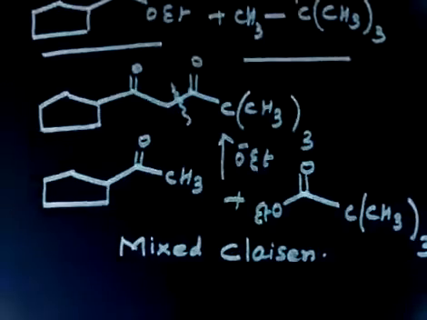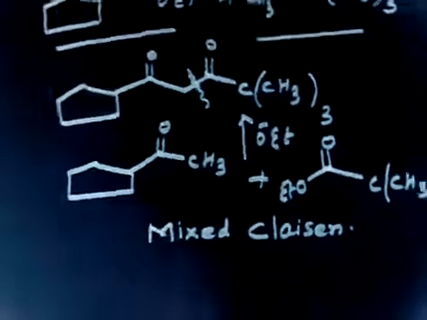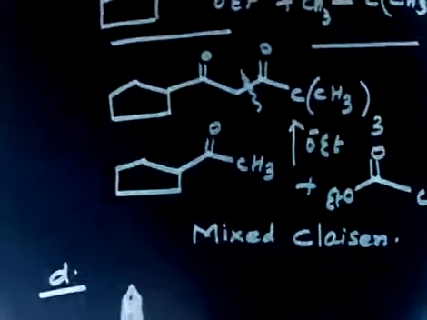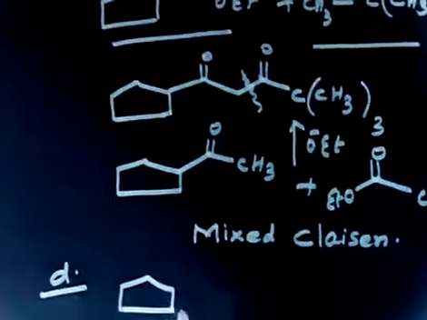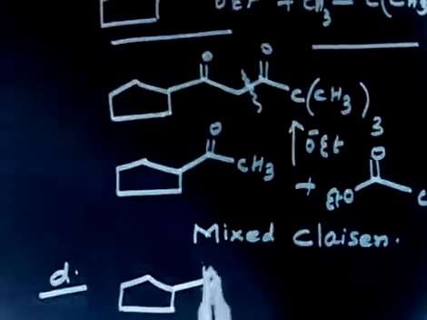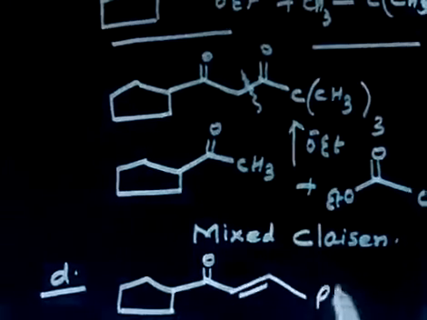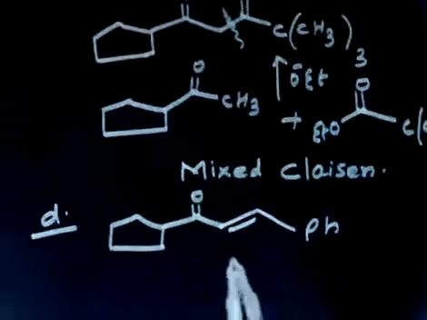Let us discuss the next one, D part. I think all of you have copied this one. So you have this. Now you see how will you prepare this compound.